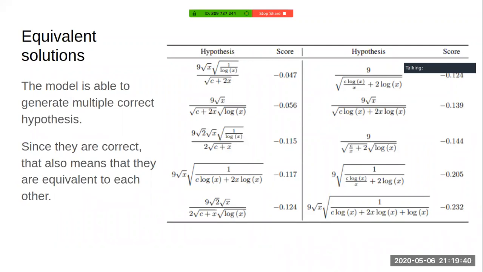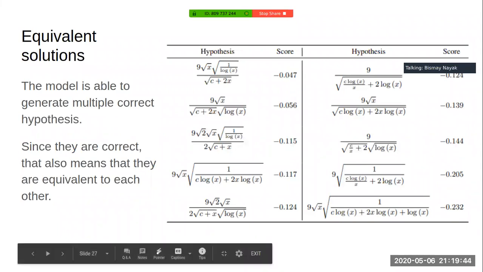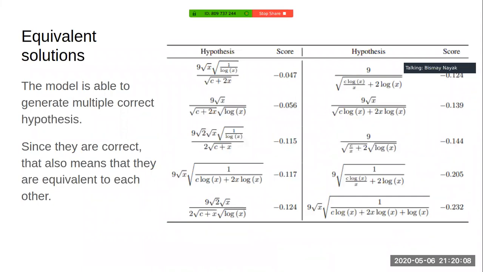We would think that some of these hypotheses would be very random and not relevant to the data at all, since they are not faring well when it comes to log likelihood scores. But in this particular example here, all of these expressions are equivalent to each other. So all of the solutions are actually correct. So they were able to see that their model was able to generate equivalent solutions without any special training needed to do so.